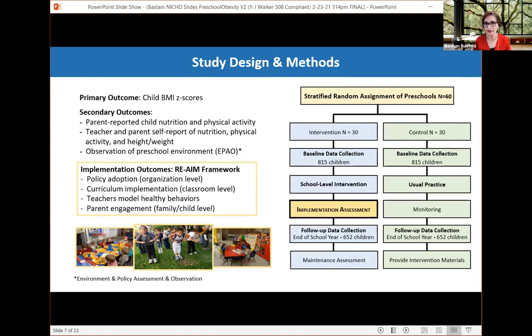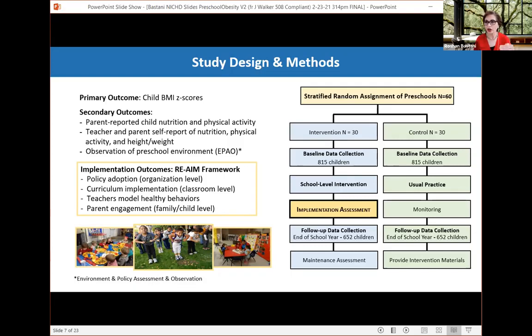On the right side here of this slide, a little more detail on our trial. So it's a stratified random assignment of preschools, stratified by size and a few other variables. 30 intervention, 30 control schools, baseline data collection, school level intervention begins, and the intervention continues over time.